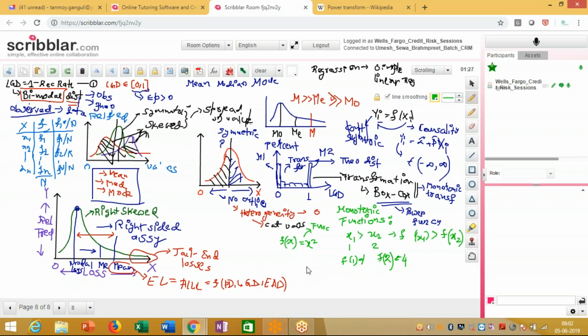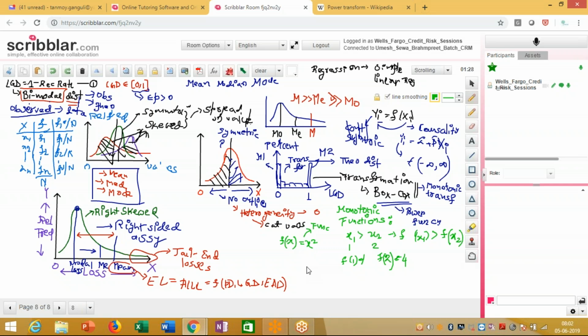The first thing for any transformation is that these transformations have to be monotonic. It cannot happen that at one point an increasing transformation is done, and at another point a decreasing transformation is done. No, it cannot happen that way. If it has to be made normal, the basic idea is that the transformation must be monotonic throughout.